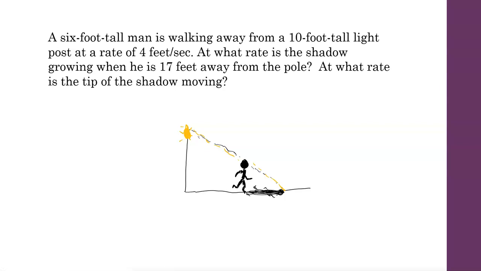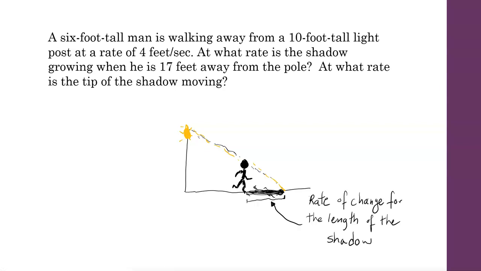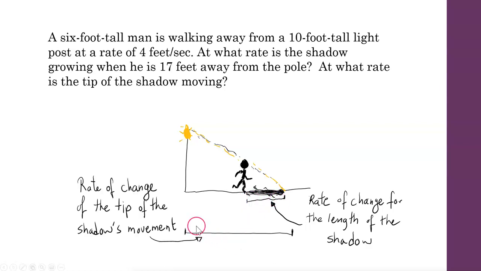Just to make sure we labeled this properly, we are looking to know the rate of change of the length of the shadow, so how fast this shadow is growing. And the other is the rate of change of the tip of the shadow's movement.